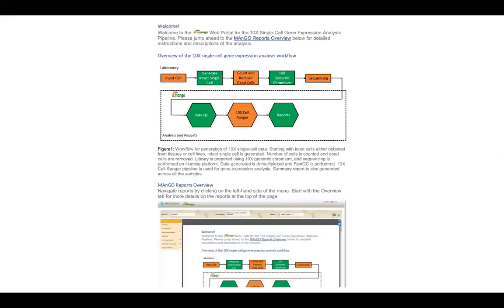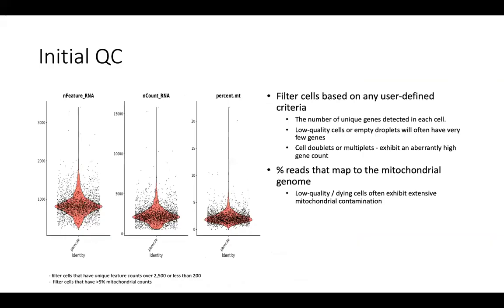So beyond the basic reports that we provide, which is Cell Ranger and Loupe, we do a number of downstream analysis steps, including QC and pre-processing and secondary and tertiary analyses. One of the first things that we do is an initial QC.